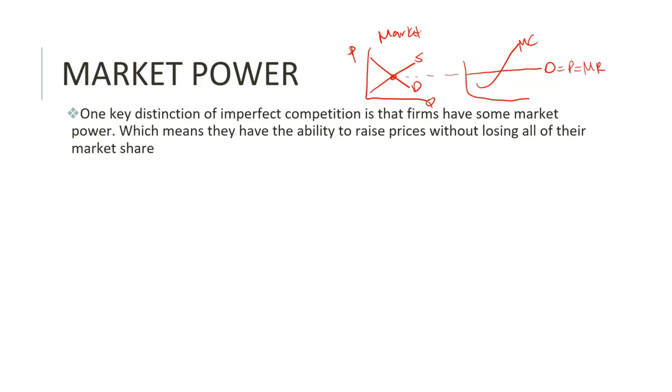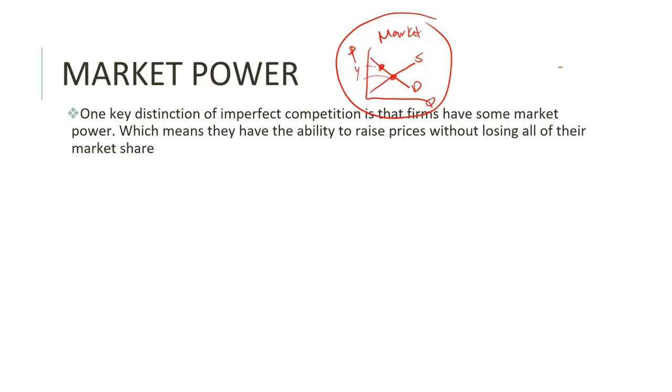When we have a monopoly, they just actually get to be the whole market. They don't have to worry about competing with anyone else. And while they are still limited by the demand curve, if they decide to reduce production, then they'll be able to charge a higher price without losing all of their market share. It's still going to follow the regular rules of demand where prices go up and quantity demanded goes down.